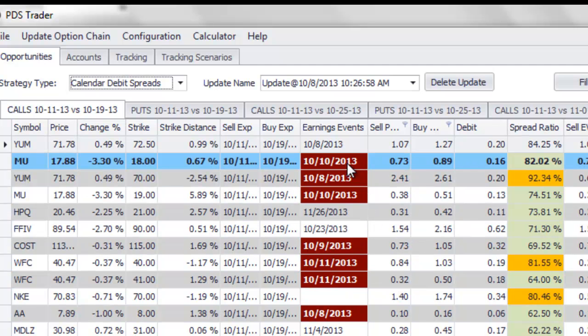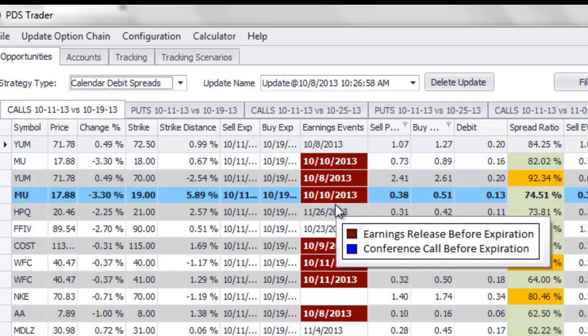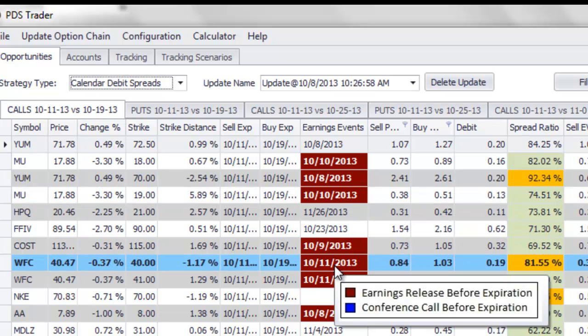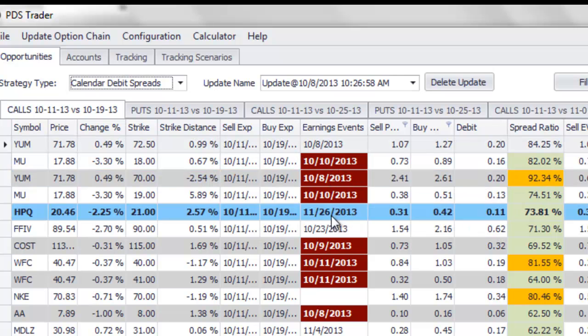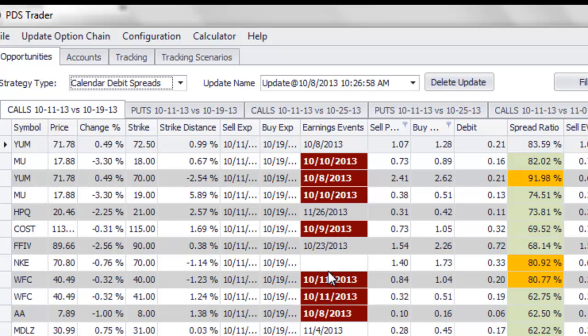One of the things you want to watch out for is earnings events. We designate and show an earnings event that occurs within the time frame of the option expiration. Anytime there's an earnings event, it can send the stock moving dramatically one way or the other.